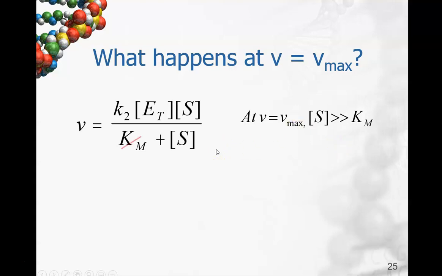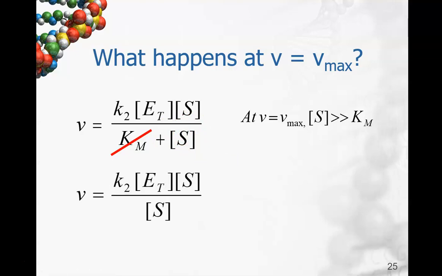So if that is true, then in my denominator, if this Km term is very small compared to my S term, I can write an approximation in which I cross out my substrate concentration, and now I have Vmax equals K2 times ET. So that makes sense. The fastest that reaction can go is going to depend on how much enzyme I have and how fast the substrate's converted to products, and that's described by K2.